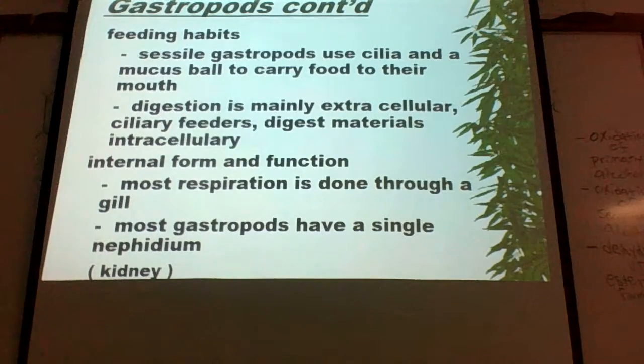And respiration is done through a gill. So how is that oxygen getting into the bloodstream through the gills? Through what process? It starts with a D. It's diffusion. That's right.